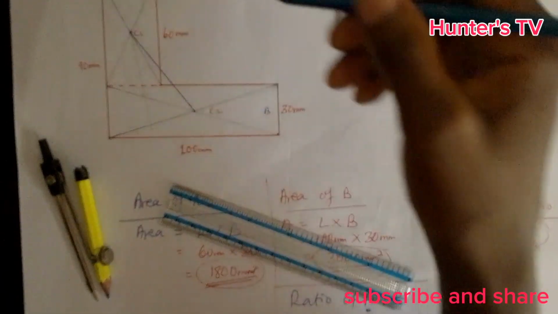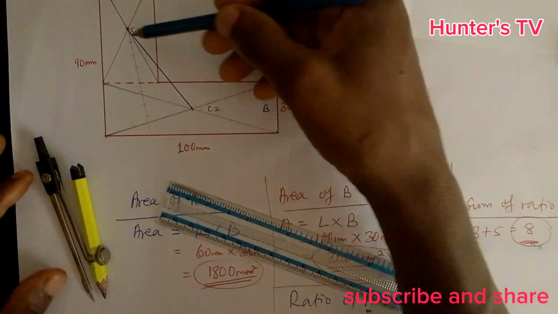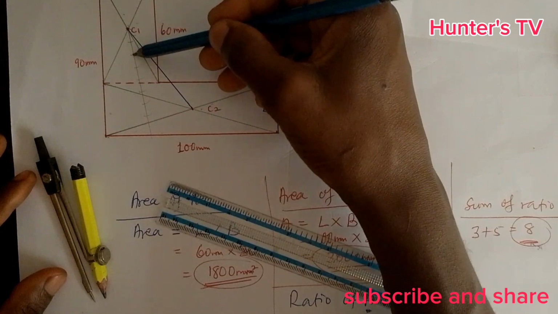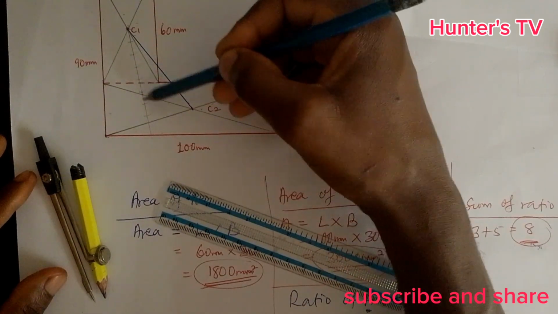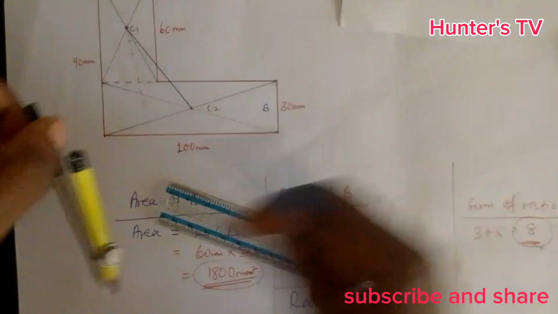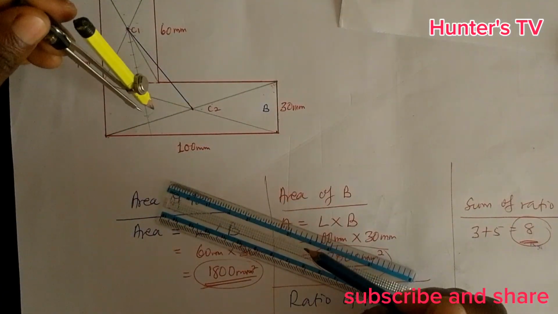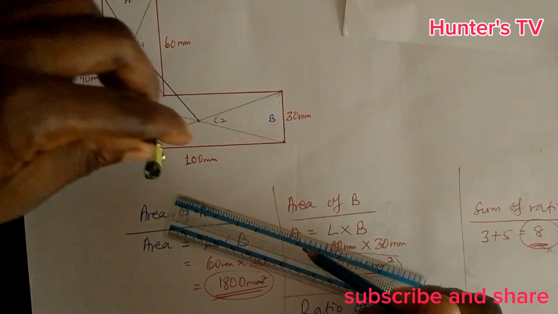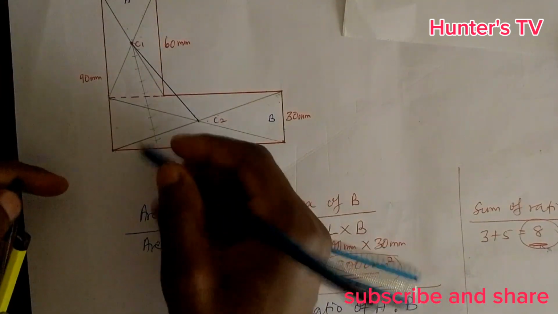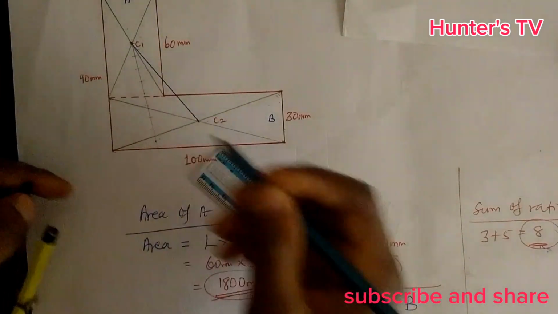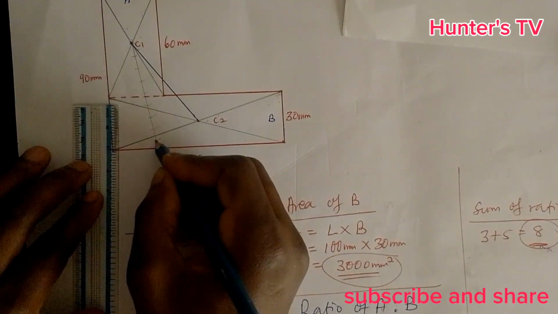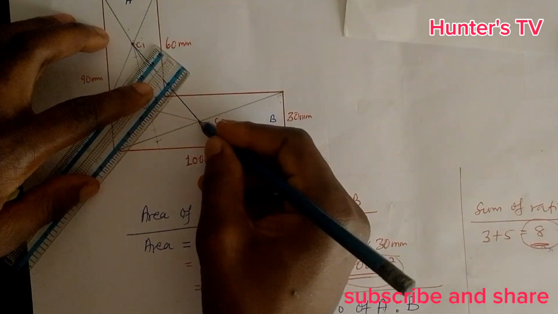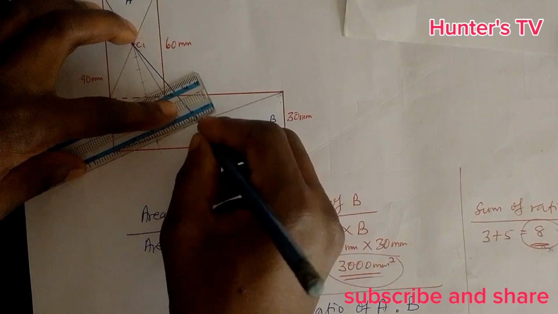Let's see. 1, 2, 3, 4, 5, 6, 7. One more. 8. Okay. 8. So this is the final point. You know what to do. You join the last point, the 8th mark, to C2. Okay. You join this to this.